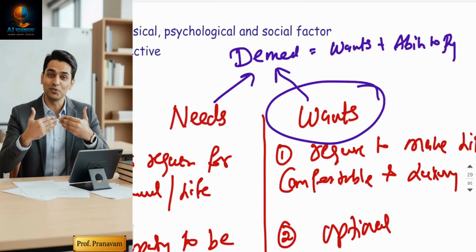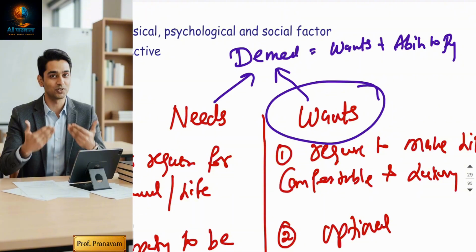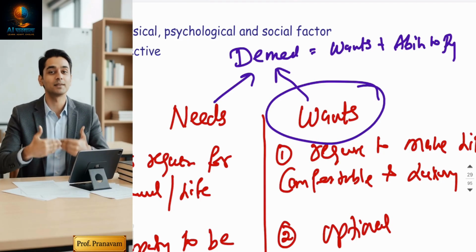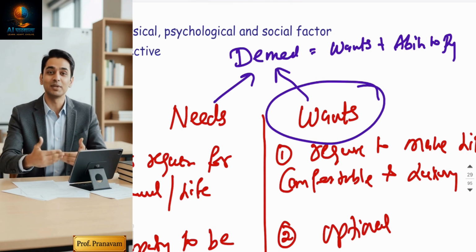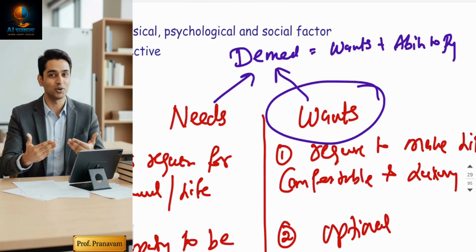If you have money and wants, that is demand for you. But there are some wants for which I don't have the ability to pay, so that is not demand, it's a mere want. So the concept of demand has been derived from wants. That's why I say all demands are wants, but all wants may not be demand.